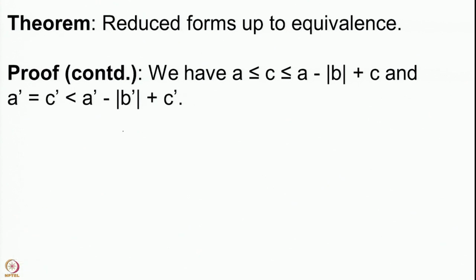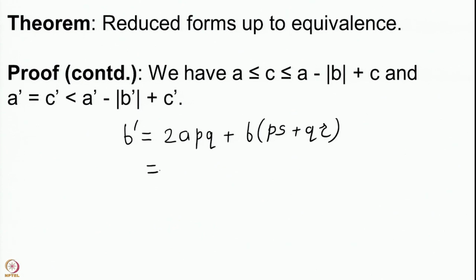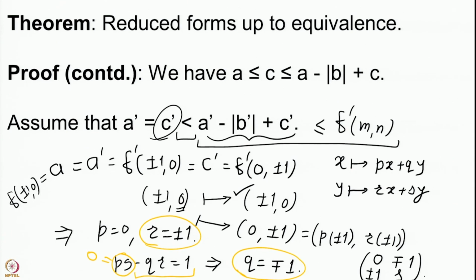Now, we look at the change that happens in b prime. So, b prime remember is 2apq plus b into ps plus qr, p is 0. So, we simply get it to be b into q into r, q into r is negative of 1, that we have already observed here.